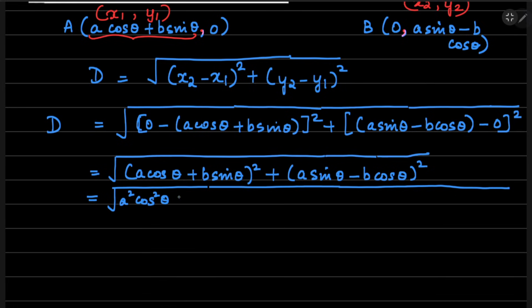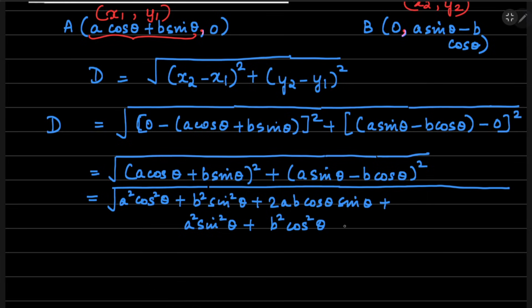A square cos square theta plus b square sin square theta plus 2ab cos theta sin theta. This is the first one, a plus b the whole square. For the second term, plus it is a square sin square theta plus b square cos square theta minus 2ab cos theta sin theta. Okay. So your plus 2ab cos theta sin theta minus 2ab cos theta sin theta gets cancelled.